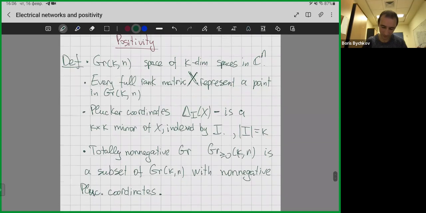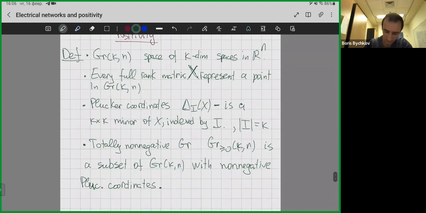For the non-negativity, of course, we have here R. I'm sorry, I should plug in my computer. Yes, so this is just the definition.